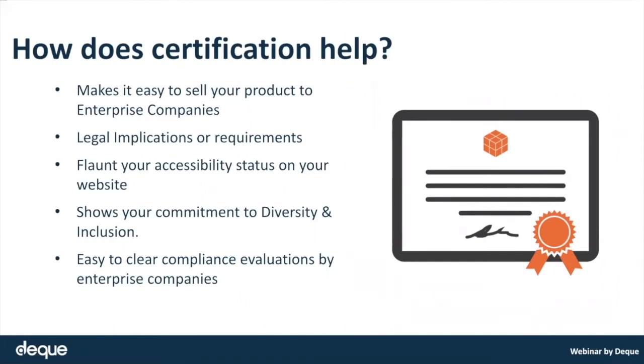Apart from that, it is easy to clear certain evaluations by your customers or clients. For example, if you're looking at engaging with any government in the US, or any agency which deals with the federal government, or any other government, UK is another example, you need to provide a VPAT or a conformance statement or any other form of proof of where your application is standing with respect to accessibility.